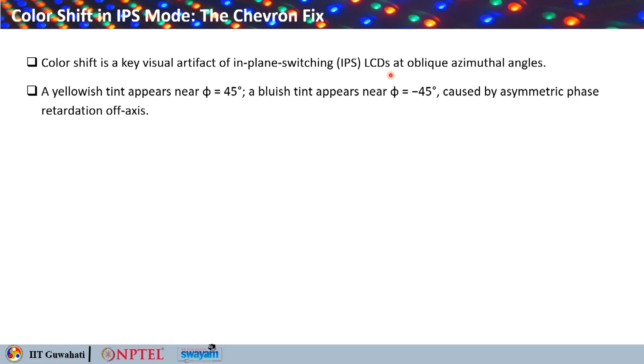So the color shift that you see in the IPS mode is a key visual artifact of this kind of LCDs at oblique azimuthal angle. Now you will see a yellowish tint near phi equals 45 degrees, and a bluish tint near phi equals minus 45 degrees, and these are caused by the asymmetric phase retardation happening off axis, right?